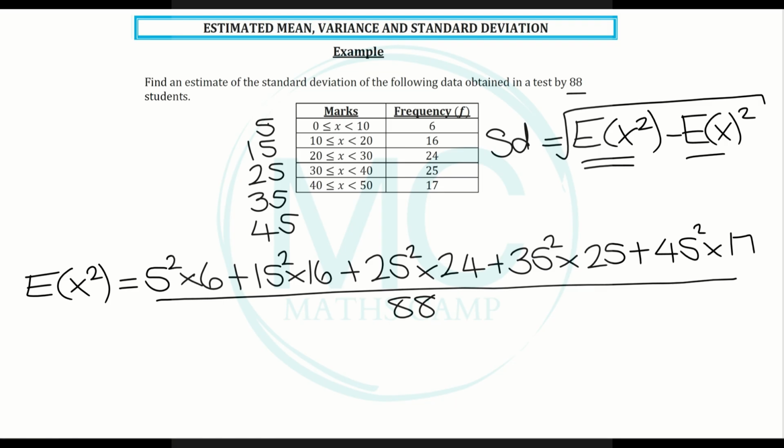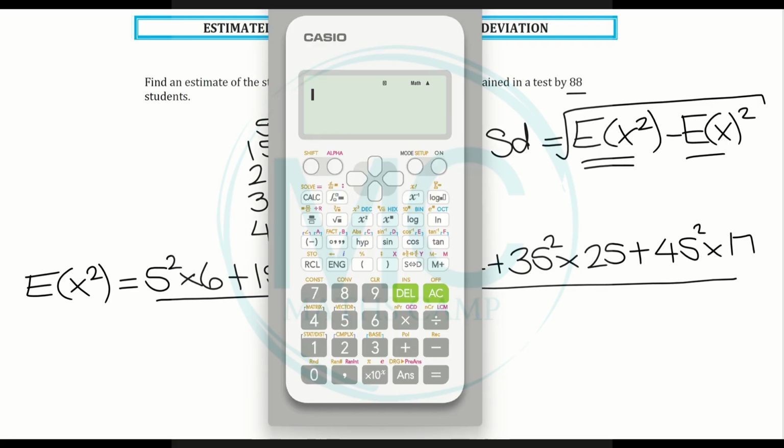Now I can take my calculator and I can say 5 squared multiplied by 6 plus 15 squared multiplied by 16 plus 25 squared multiplied by 24 plus 35 squared multiplied by 25 plus 45 squared multiplied by 17.